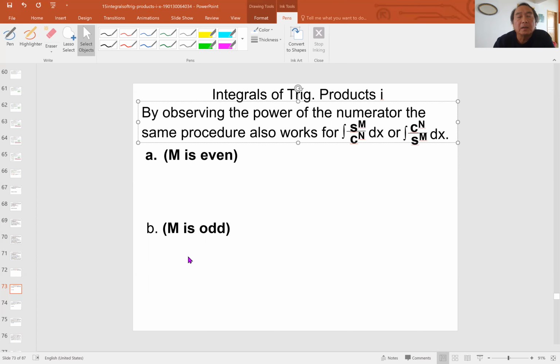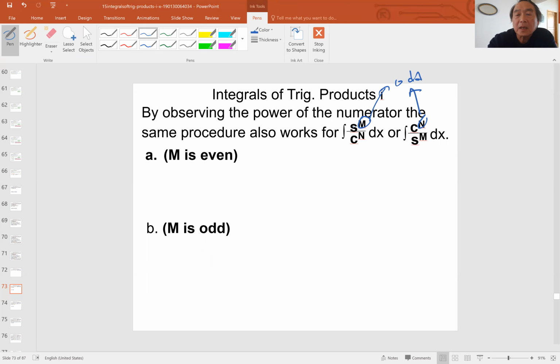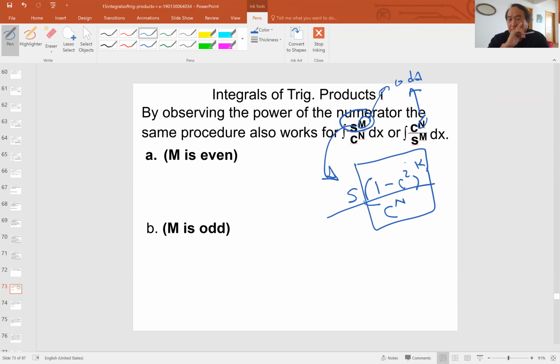Like before, if that number upstairs is odd, then I can split out a copy of it. Then I can convert the rest into (1 minus cosine squared) to some k power, divided by cosine to the n, so I can convert this into all of these.